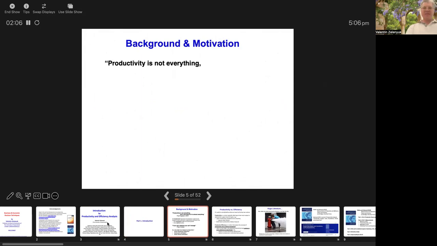saying that productivity is not everything, but in the long run, it's almost everything. This phrase is from a famous book by a famous economist, Paul Krugman, a 1997 book which is still very relevant and one of the best books in economics.